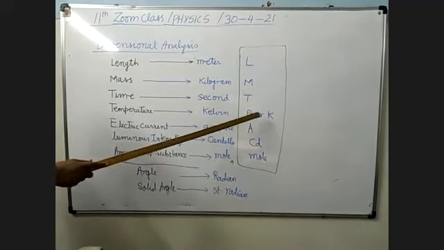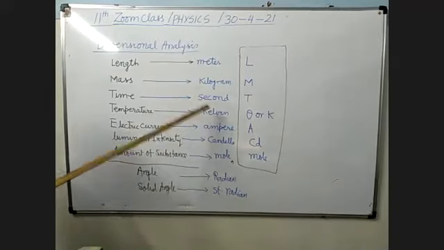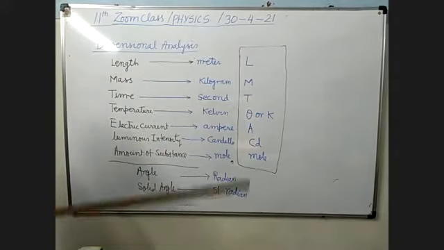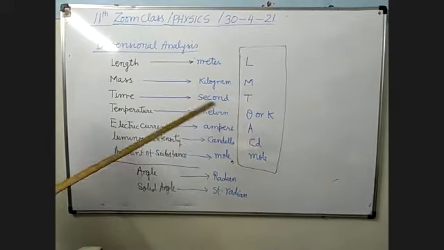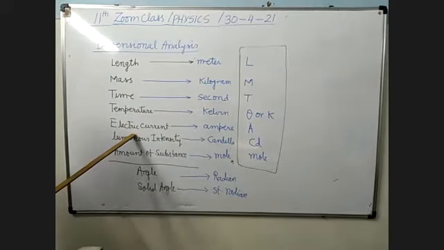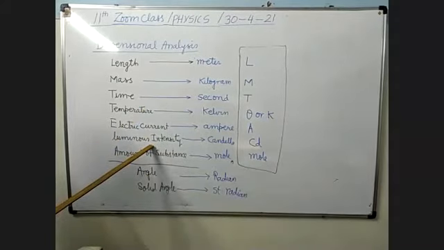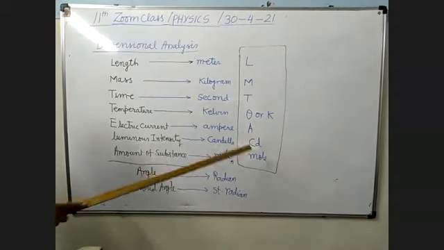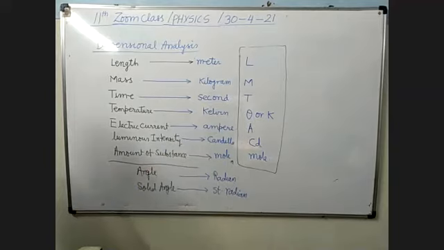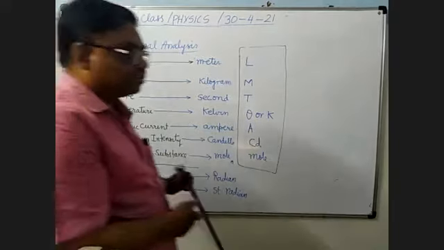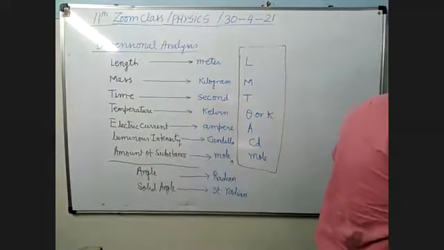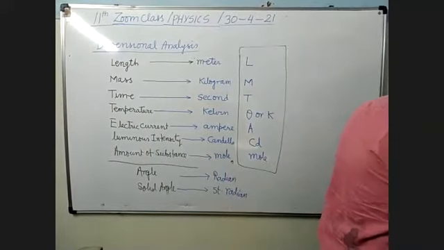If theta or K is written, it is the unit of temperature. Capital A is the unit of electric current. CD is the unit of luminous intensity. And mole is the unit of amount of substance. This you will remember. Now one more thing.